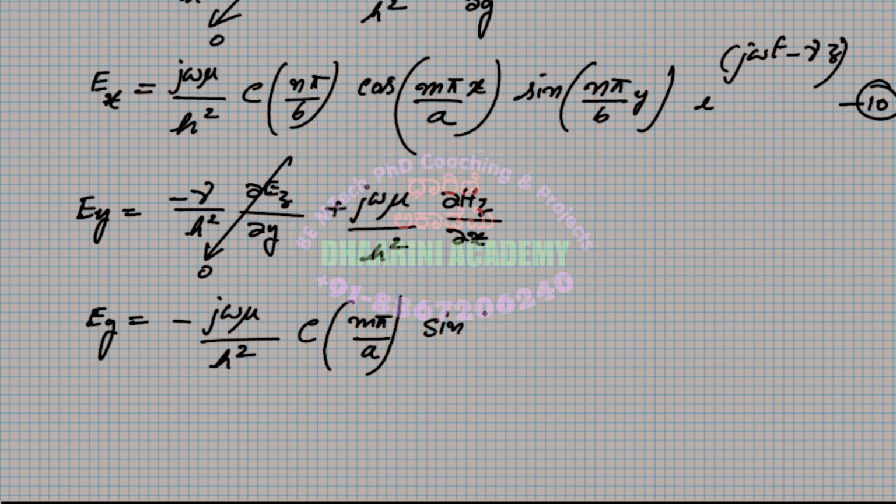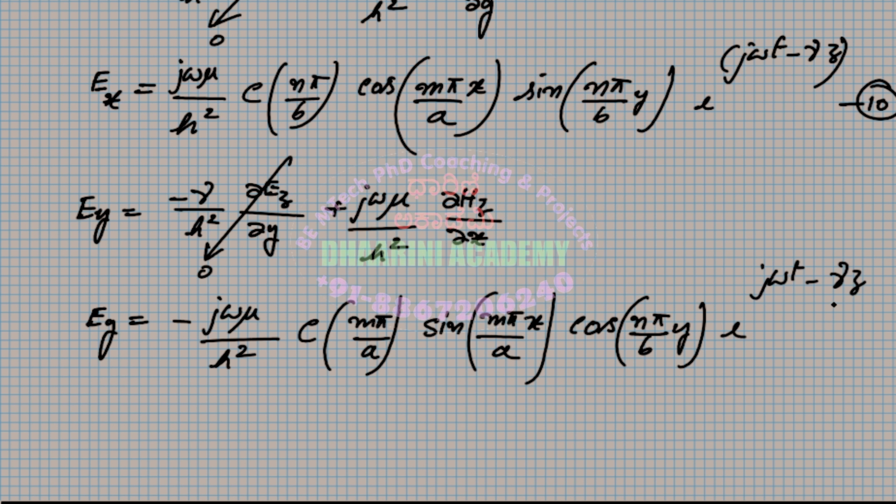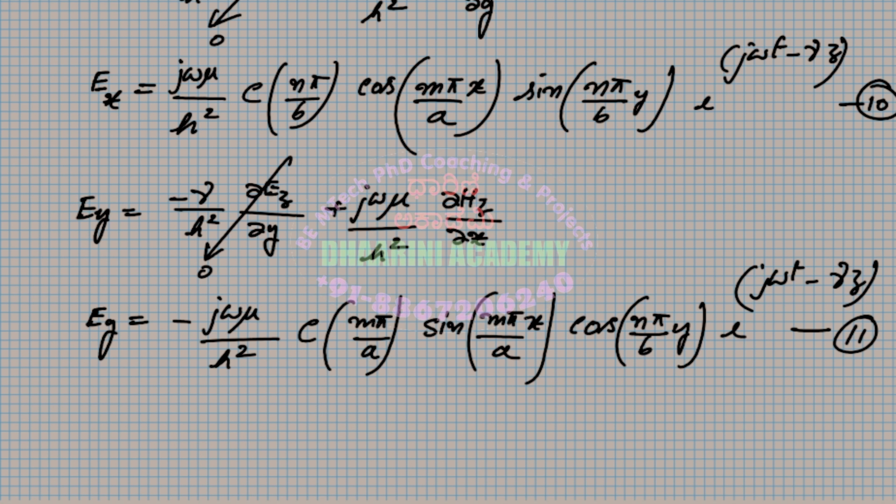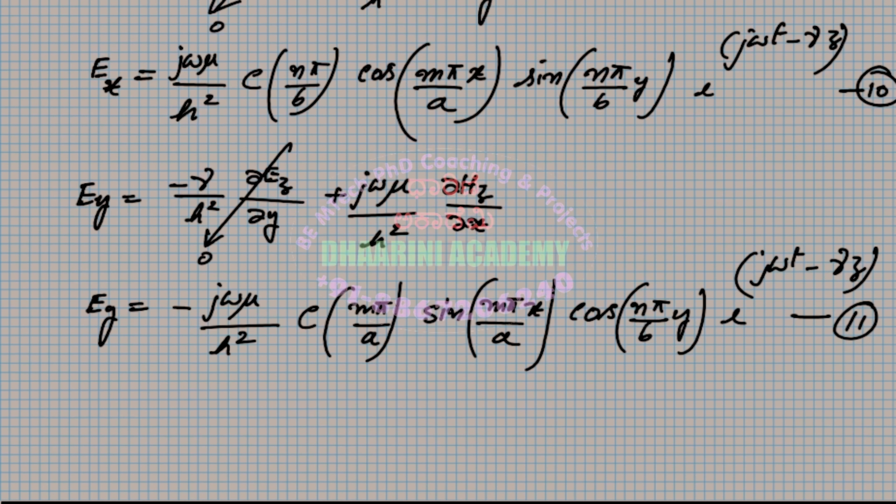So this is sine of m pi x by a, and the second term was a cos, which remains as it is because it is a function of y: cos of n pi by b into y. Then you write e to the power j omega t minus gamma z. So equation number 11 is the electric field component along the y-axis of a transverse electric wave propagating inside a rectangular waveguide. Similarly, we need to find two more.